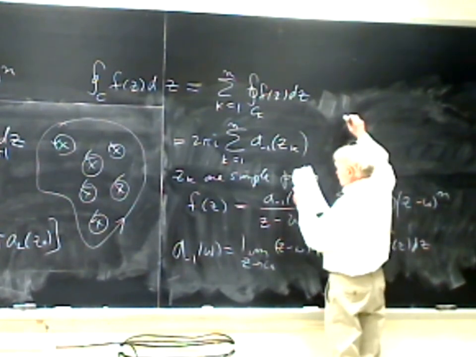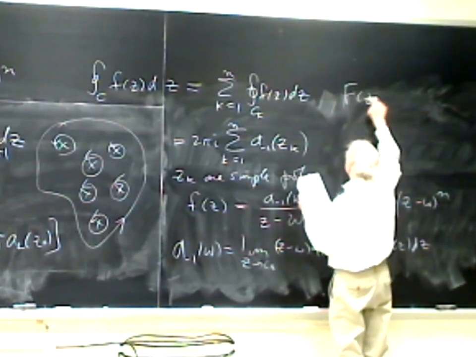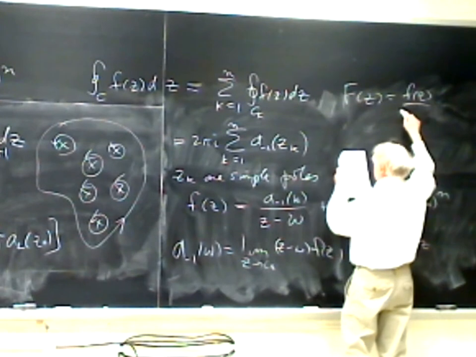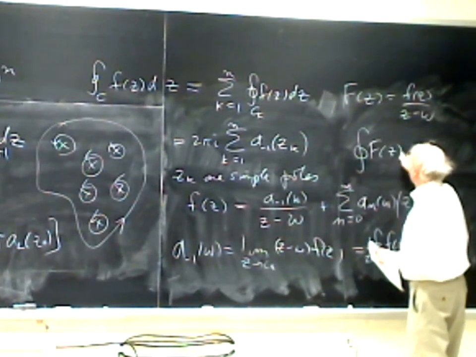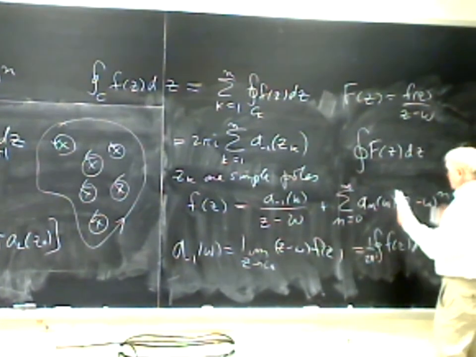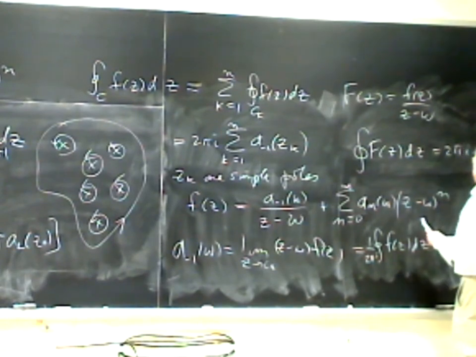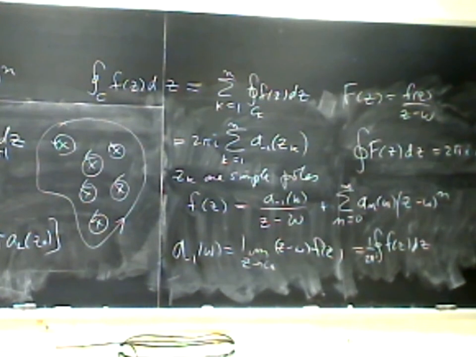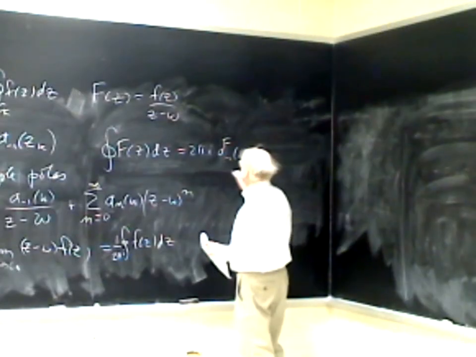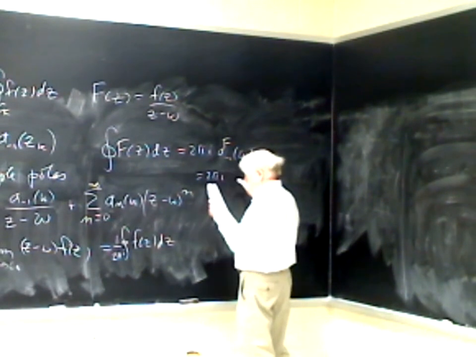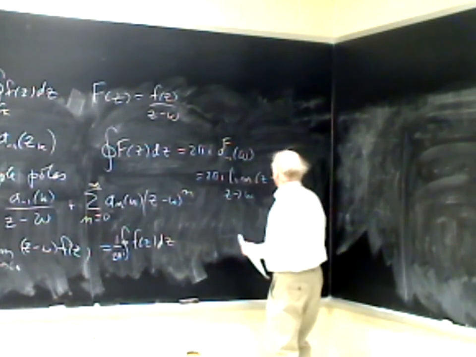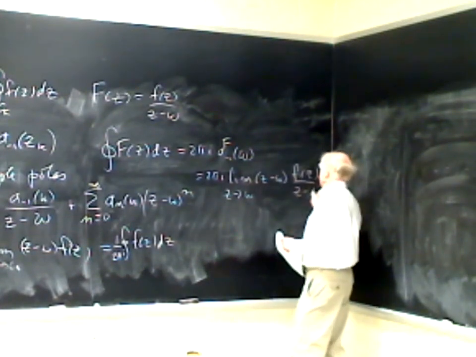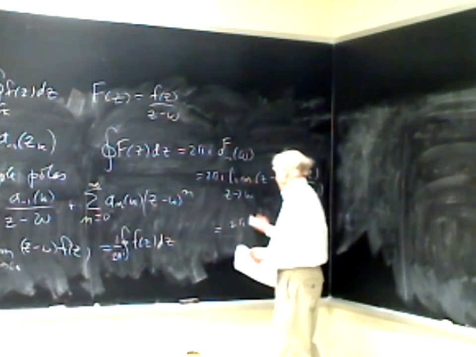Because if we take the function f of z equal to big F of z over z minus w, and we integrate it around w, then we're going to get 2 pi i times a sub minus 1 at w, and this is going to be 2 pi i times the limit as z goes to w of z minus w times F of z over z minus w, and that's just 2 pi i F of w.